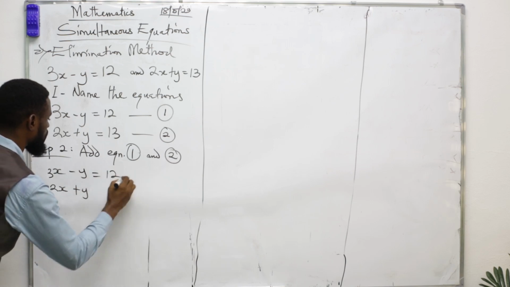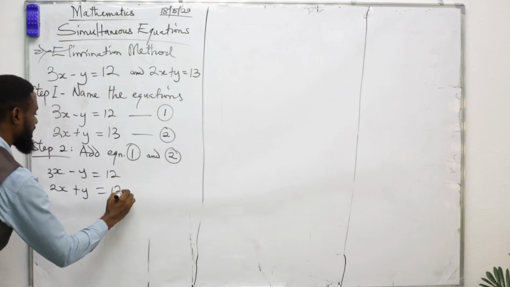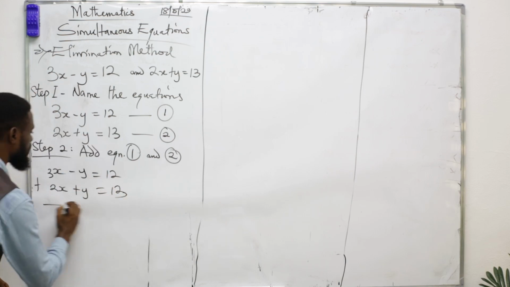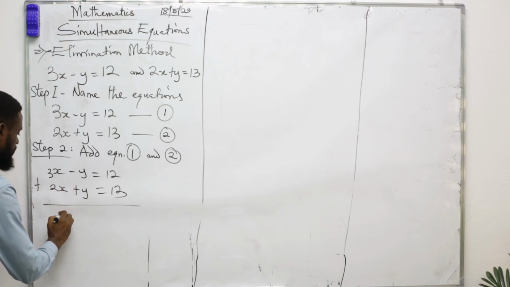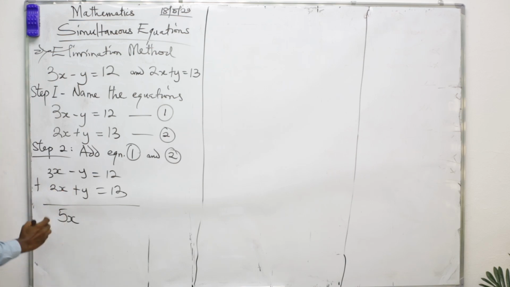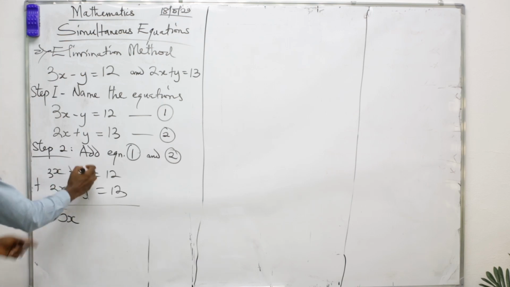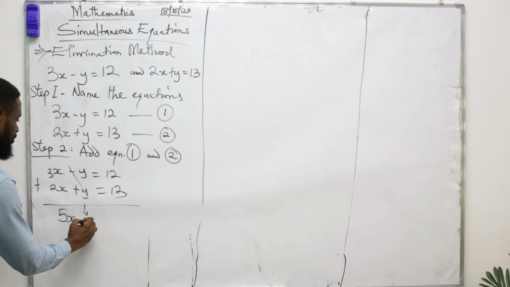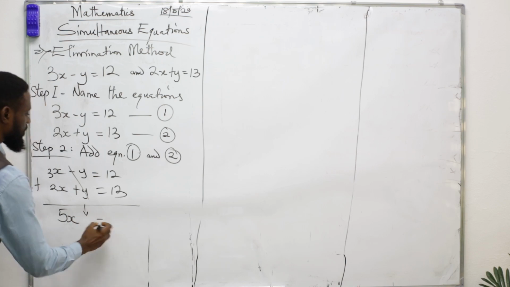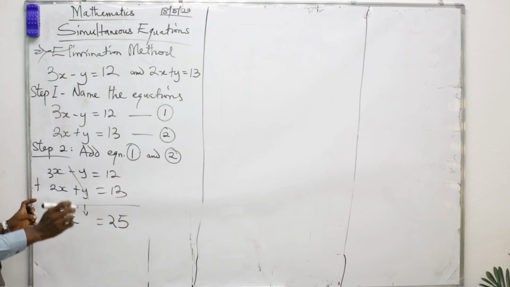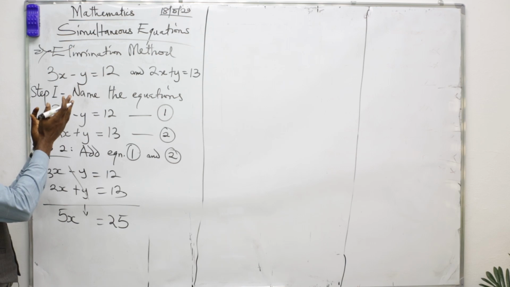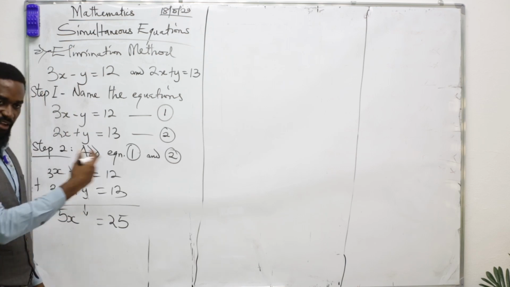This is equal to 12, and this is equal to 13. So we are adding everything we have here. 3x plus 2x gives us 5x. Like I said before, minus y plus y cancel each other because the answer becomes 0, plus 0, which means nothing. Then 12 plus 13 gives us 25.